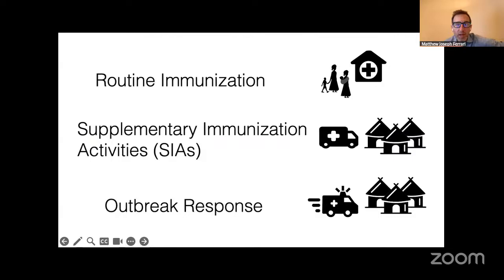So for both measles and rubella, we use three kinds of vaccination globally, and they fall into these three buckets. And right now, I'll refer to these in the context of measles, but I'll switch to measles and rubella combination vaccines in the second half of the presentation. So routine immunization is the most common globally.